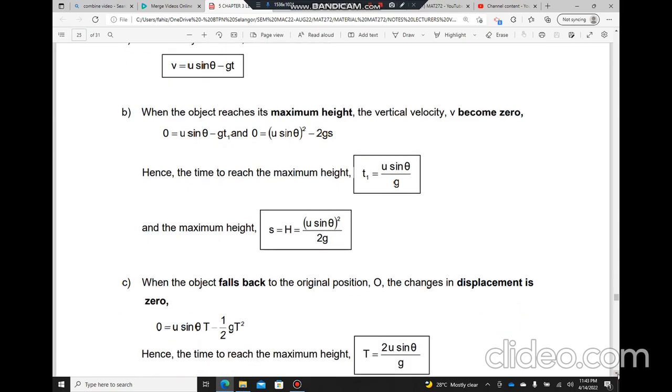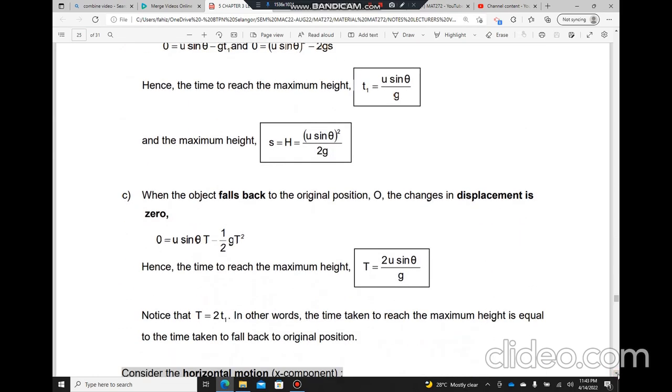Okay, then when the object force back to the original position 0, the changes in displacement is 0. Maknanya bila dia jatuh balik pada kedudukan yang asal, displacement or S equals to 0.